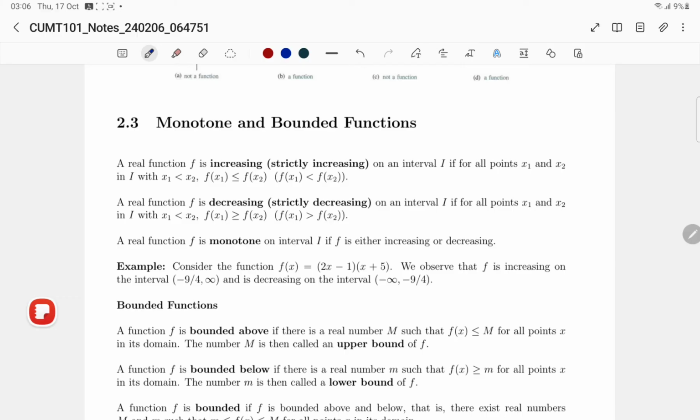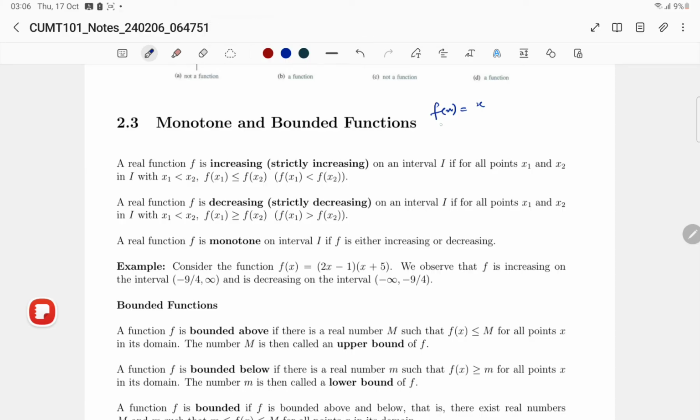So let me just consider some examples. Let's say we have f of x being equal to 2x, or even x.